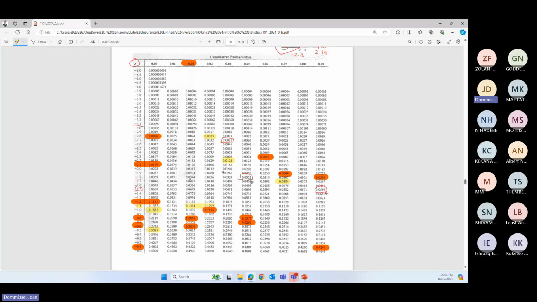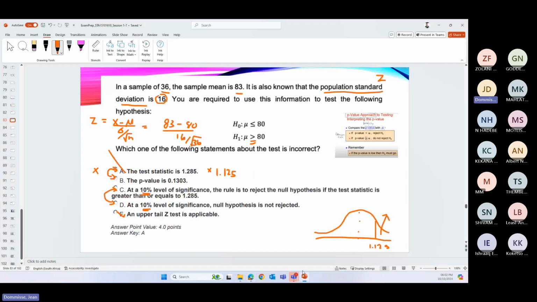Let's see if they do it as 0.1314 plus 0.1292 and divide by 2. We will get 0.1303. So what they basically did was to add the two and then divide by 2.